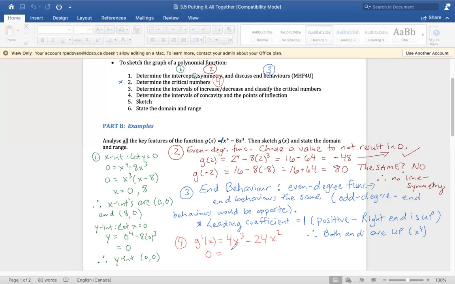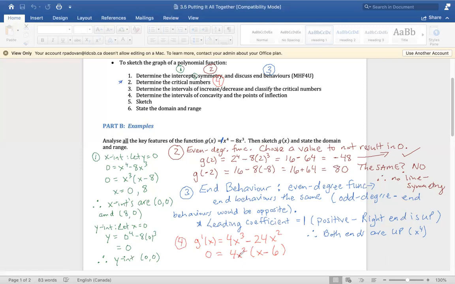4 is common and x squared is common here. So I'm left with just an x and a 6, because the x squared was pulled out. I have 4x squared multiplied by x minus 6.